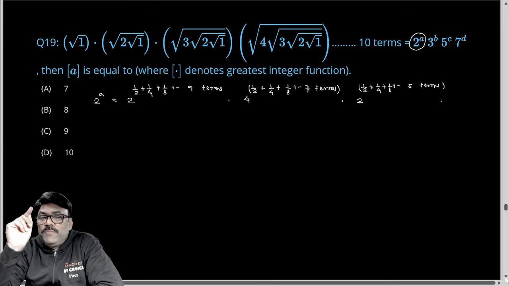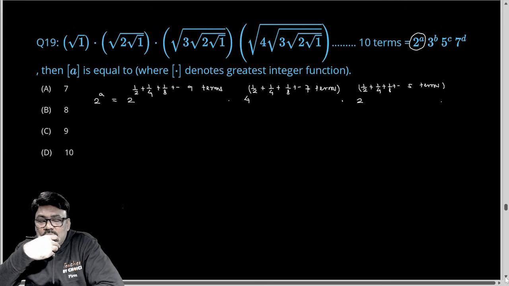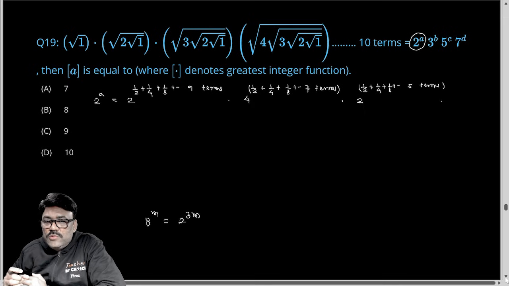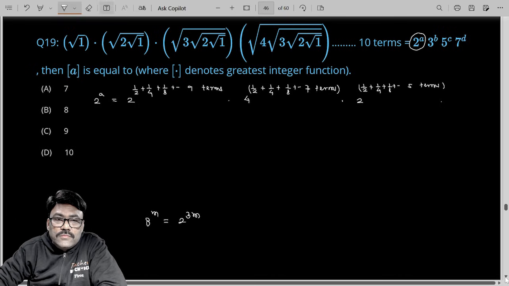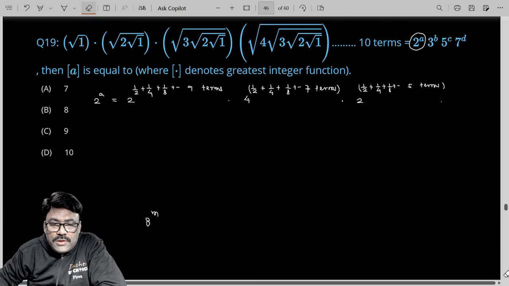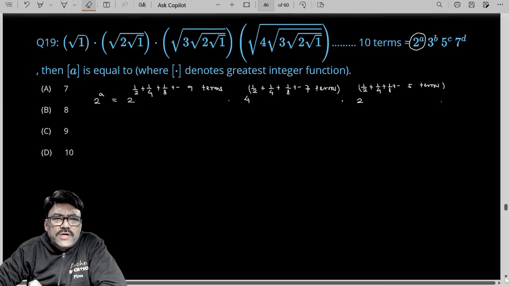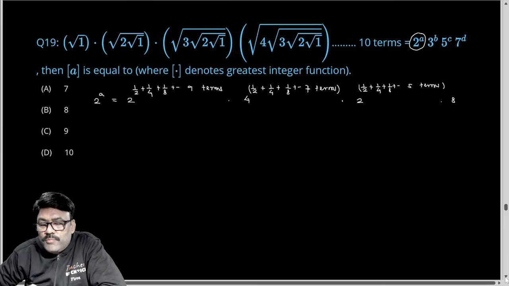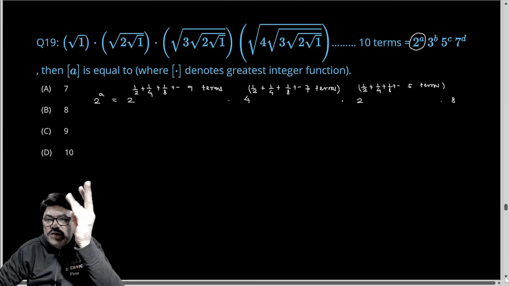Then you will get 2 in power of 8 also. Actually, 8 can be written as, let's say power of 8 is m, so it will be 2 raised to 3m. So what will be power of 8? Power of 8 you will get in the 8th, 9th, 10th, only 3.